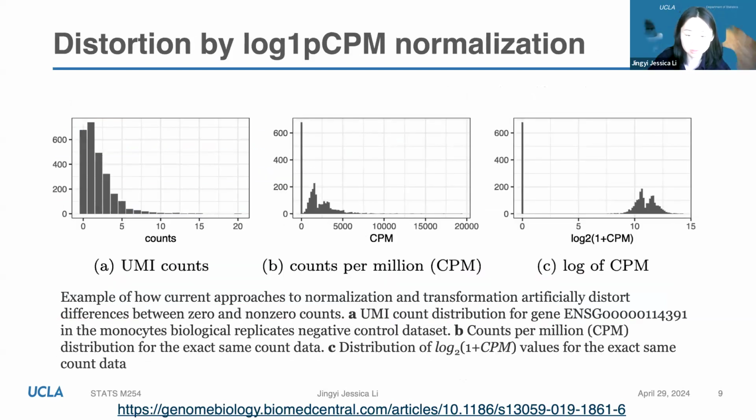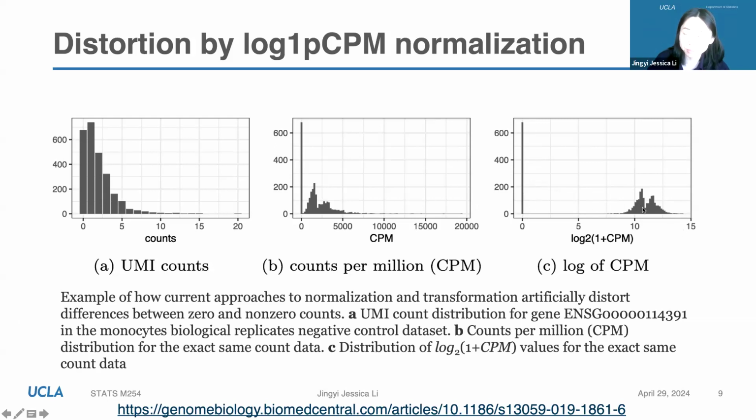First of all, this is what we already said last time. The authors' motivation is that the log1p CPM, right? Even though Seurat now defaults to log1p CP10K, you will still have a similar thing, maybe not as severe as here, that you will have a bigger separation between the counts that were zeros and the non-zero counts. So you make them into two very big modes.